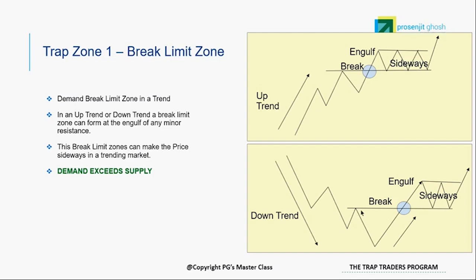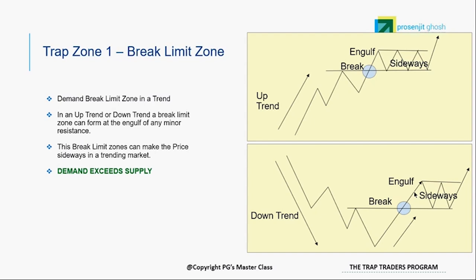But at this point, what happens? Price breaks the supply. That proves to me that at this point there is overwhelming demand over supply. Something has completely changed in the downtrend.